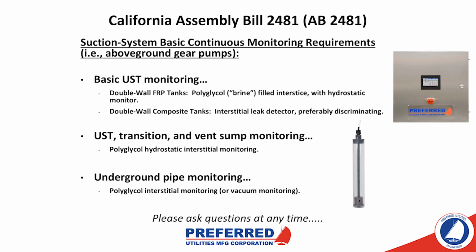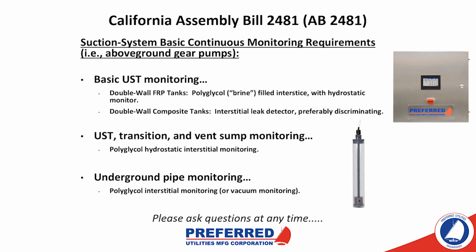As far as double wall FRP tanks go, generally their tank interstice between the primary and secondary tanks are filled with polyglycol, or what's often referred to as brine, with hydrostatic monitors.